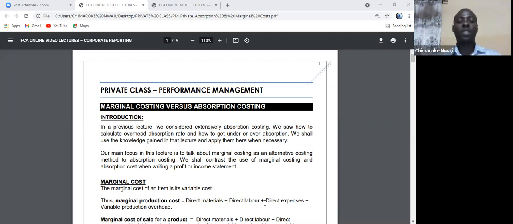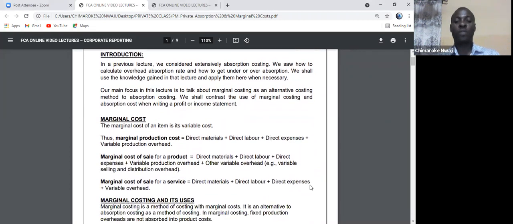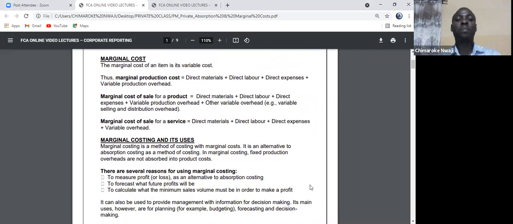Now, what is marginal cost? Marginal cost of an item is simply the variable cost of the item. So when we talk about marginal cost, we are talking about variable costs. So it means that marginal production cost is the sum of direct materials, direct labor, direct expenses, plus variable production overheads.